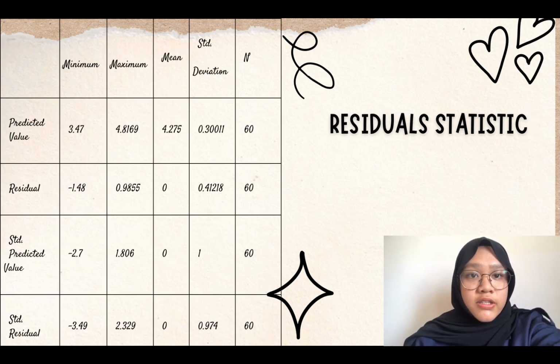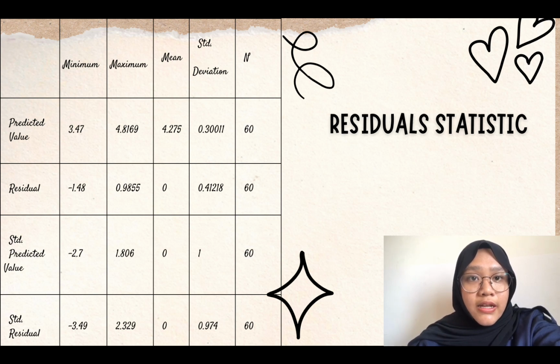Here is a summary of the table. Residual statistics. 1. Predicted value. Min 3.47, max 4.82, mean 4.28, standard deviation 0.30. 2. Residual. Min negative 1.48, max 0.99, mean 0, standard deviation 0.41. 3.